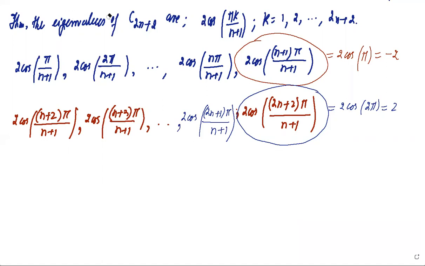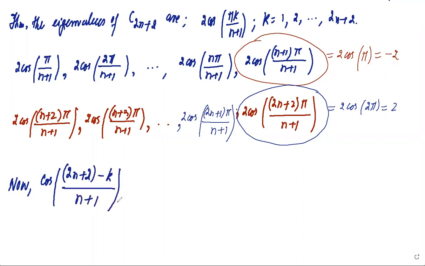Now let's look for this situation. We will compute what is cos of (2n+2-k) pi upon n plus 1.